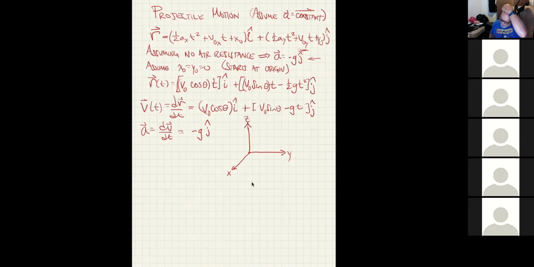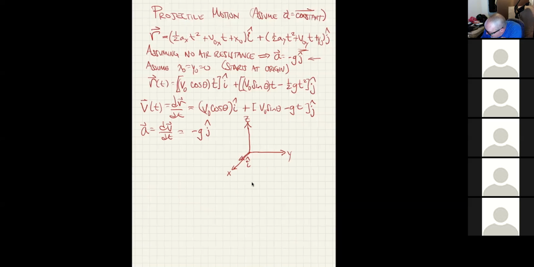Okay, what you can do is you can define a unit vector. And when I say unit, I literally mean it's a vector whose length is 1, period. Not 1 meter, not 1 inch, not anything, just 1. That vector in the x direction is called i hat, and the hat is what we use to indicate that it's a unit vector.